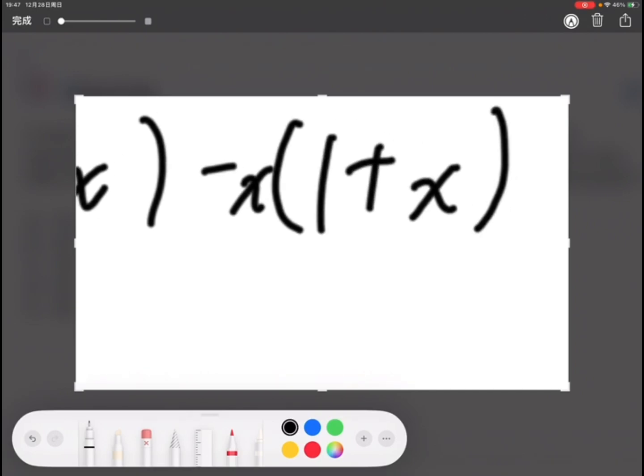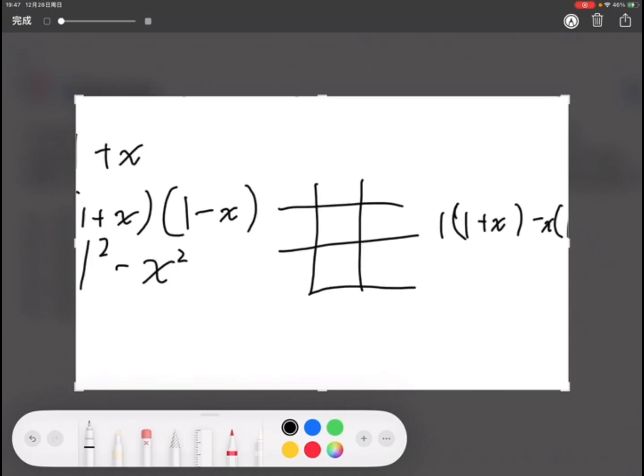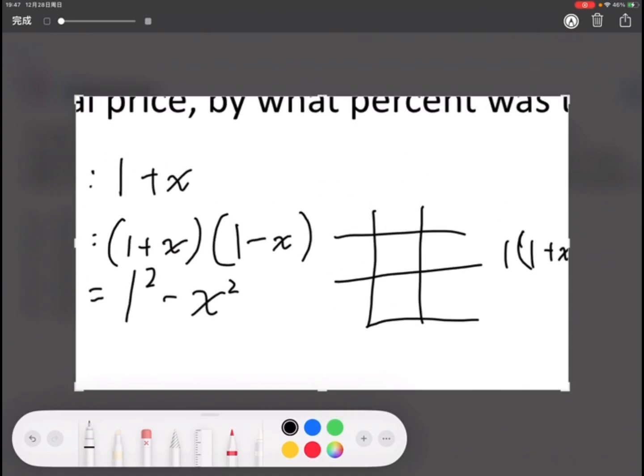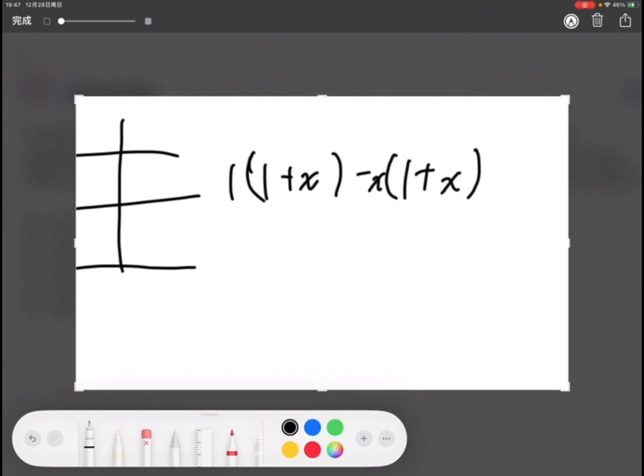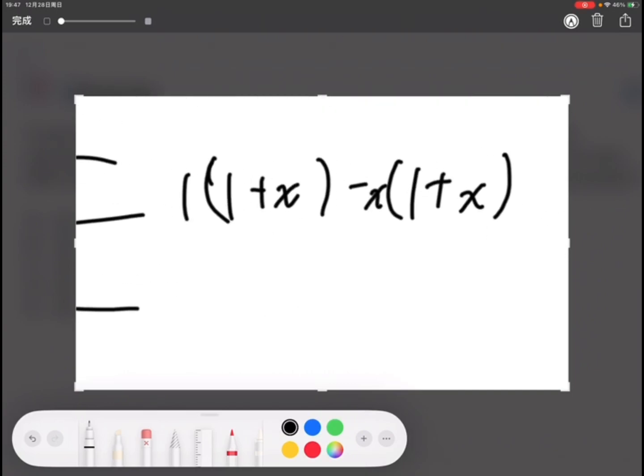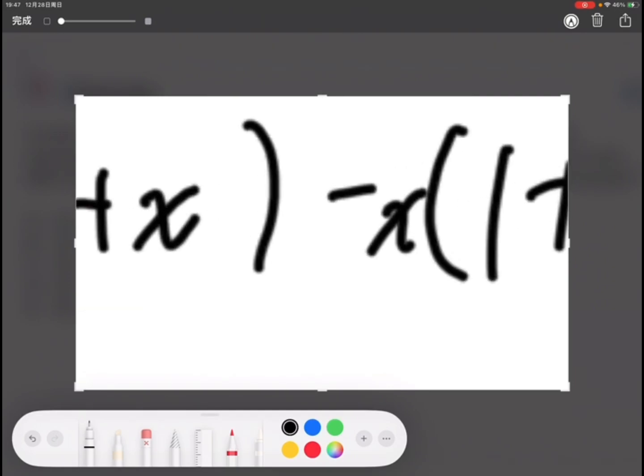And how this works is that we are separating either the first or the second bracket, and we'll put it into a multiplication separately. And in this case, I separated the second bracket, and so here it's a subtraction sign.